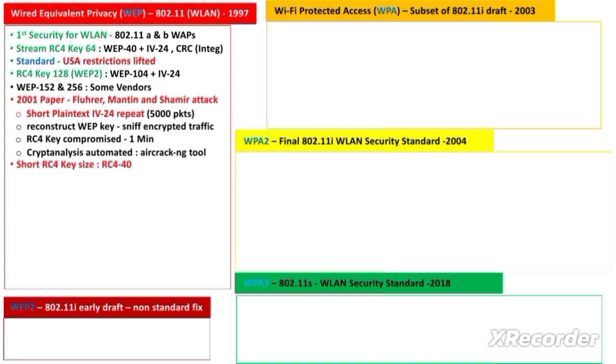There were multiple other vulnerabilities of WEP, and another was the shorter RC4 key size, that is the RC4 key of 40-bit. Another attack was the related key attack, where the initialization vector was relating different keys and connecting the different keys.